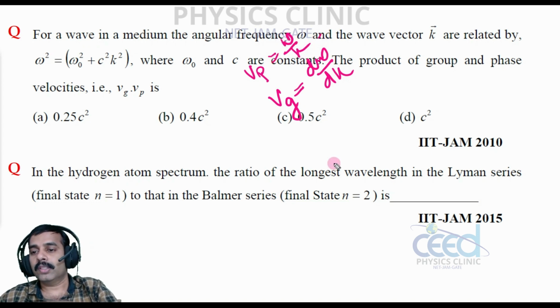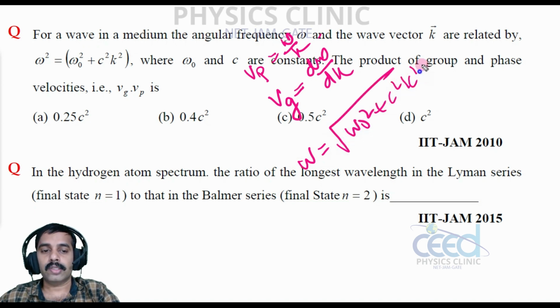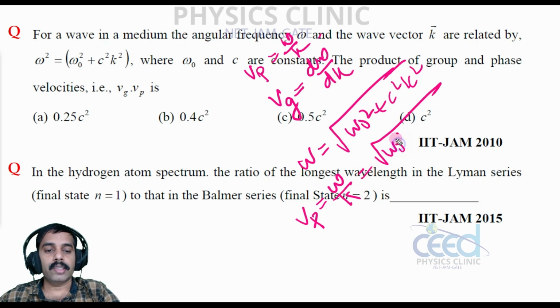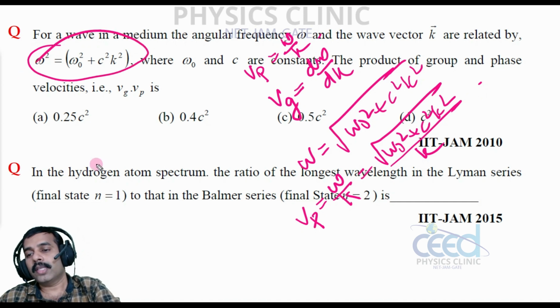So from this I can write omega is equal to root of omega 0 square plus c square k square, and omega by k, that is Vp, is equal to root of omega 0 square plus c square k square divided by k, and I can differentiate on either side.